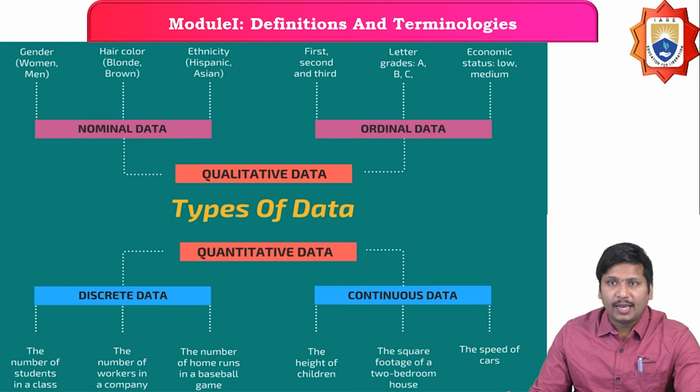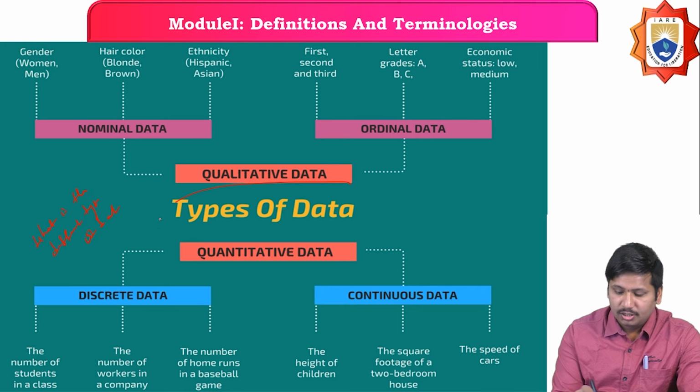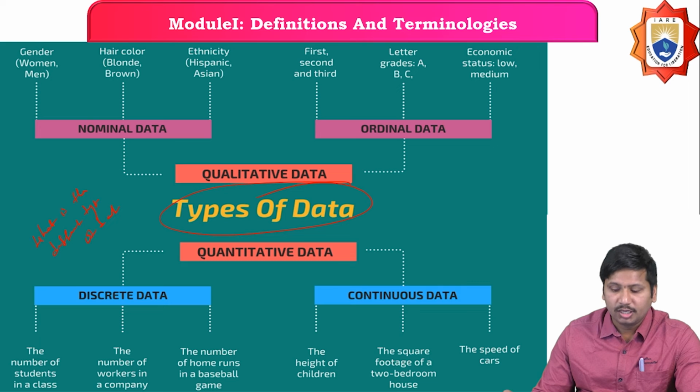So, what are the different types of data? That is the question that may come. This is the overview of different types of data. First is qualitative data, which is of two types: nominal data and ordinal data.